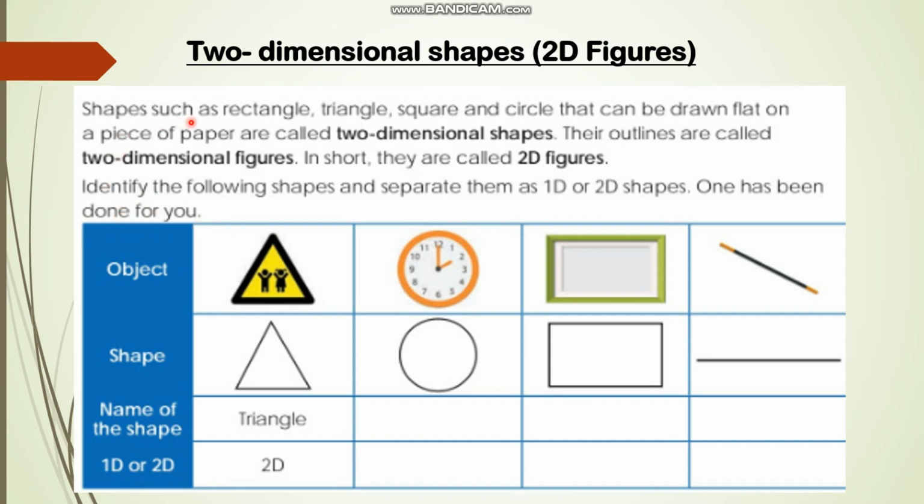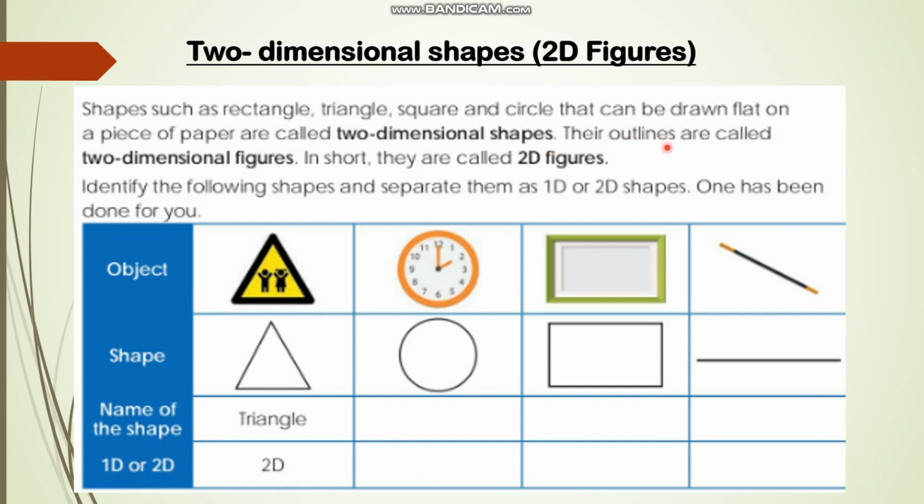So shapes such as rectangle, triangle, square and circle that can be drawn flat on a piece of paper are called two-dimensional shapes. The shapes which we can draw on a paper are called two-dimensional shapes.